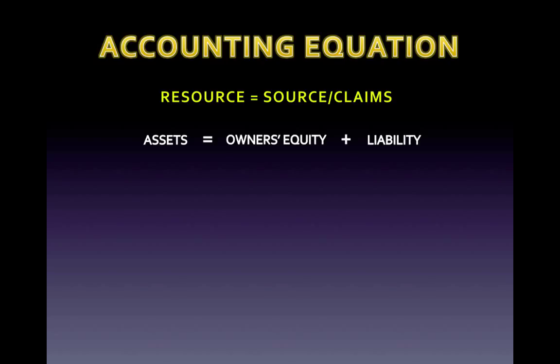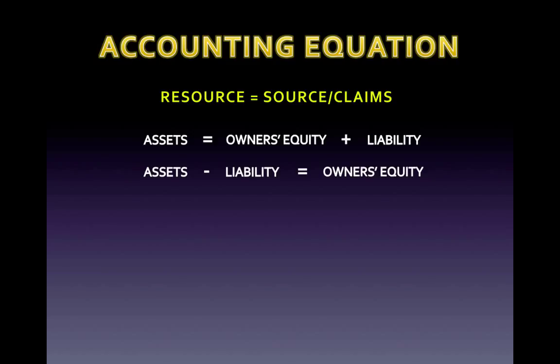So those are represented by assets. The owner's equity and liability represent claims on these resources. These claims arise because these resources come from these parties, either from the owner themselves or from people other than the owner, which we refer to as the liability. Now, we can rearrange this accounting equation by moving the liability over to the asset side, which makes it a minus.